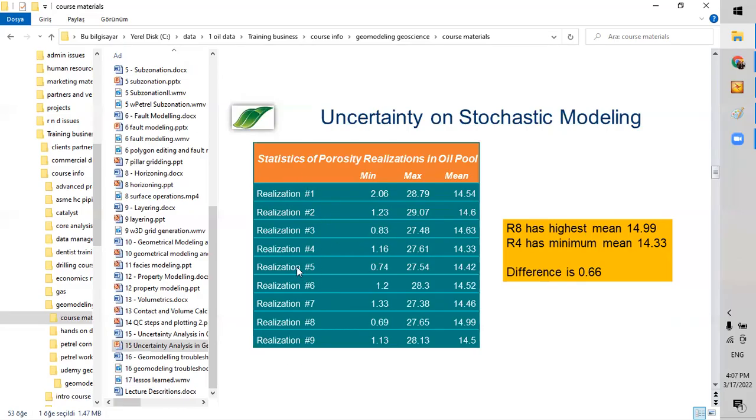Because of our processing techniques, we are getting more than 0.5% porosity difference. And they are all equiprobable cases.